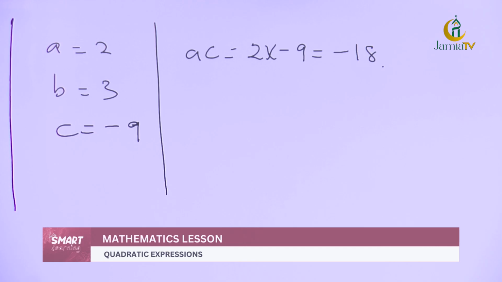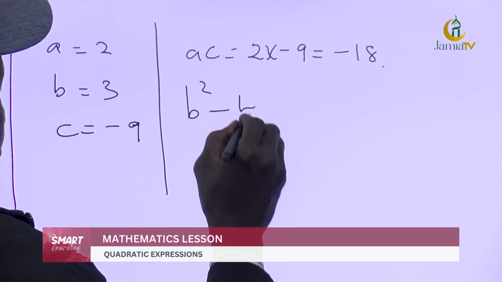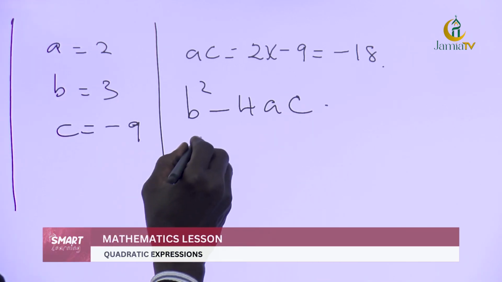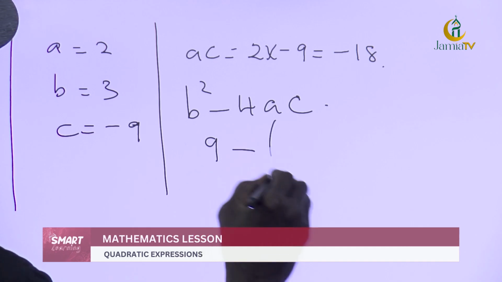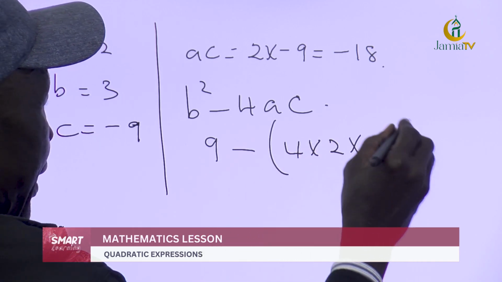Now, we need to know whether we are going to have two factors or not. So we need to find our b squared minus 4ac. My b squared will be 9 minus 4 times 2 times negative 9.